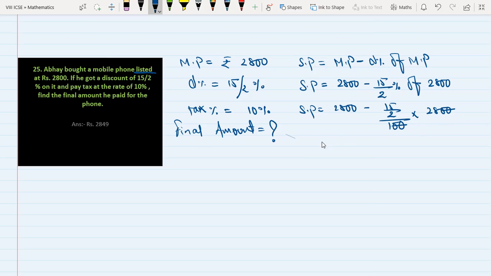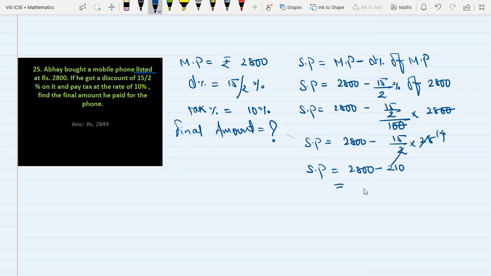Two zeros cancel here. So selling price is equal to 2800 minus 15 by 2 multiplied by 28. Okay, so 2 14s are 28. So selling price is equal to 2800 minus 14 multiplied by 15. Let's do that. That is 210.